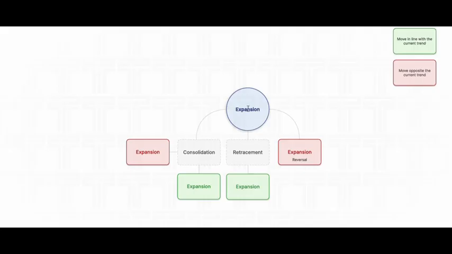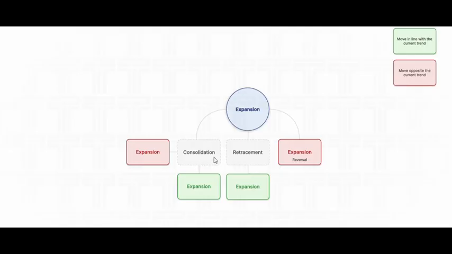So when the market is expanding and it retraces, the next thing we are expecting is expansion. That is the continuation of that expansion. So when we are in a downtrend and then it retraces, we expect the market to do what? Continue moving down after the retracement. Or when the market is in an expansion phase and then it consolidates, we are still expecting it to do what? To expand.